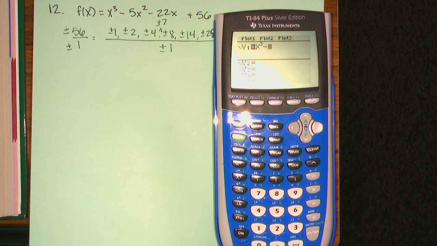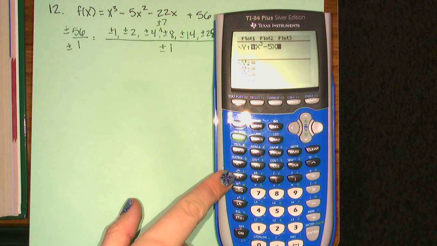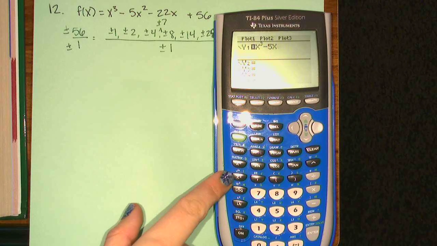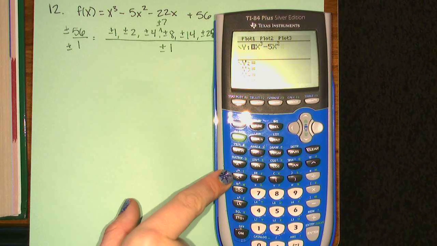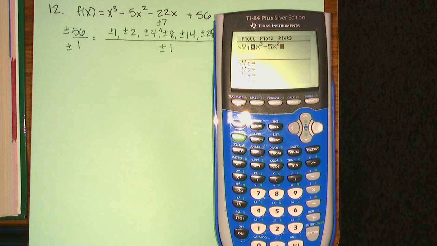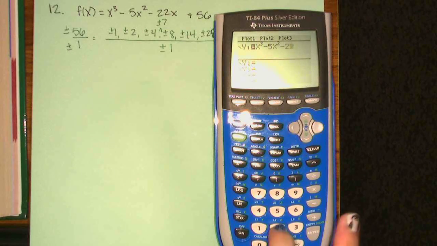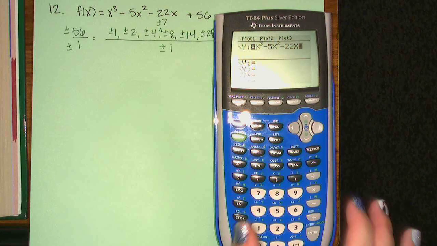So that's cubing it. Minus, and then 5, hit X again. And then there's a squared button already on your calculator. It has a little X with a 2 above it. That'll automatically square whatever you have written there. You can use the caret thing if you want. Minus 22x plus 56.